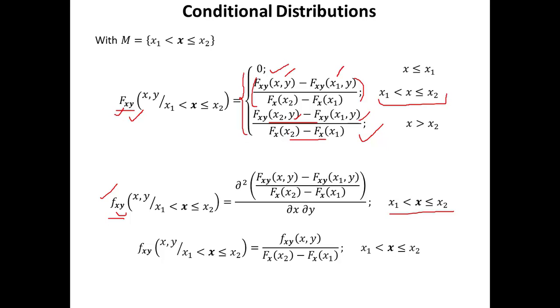It means after differentiation we will get only the differentiation corresponding to this component. So if you differentiate F_XY(x,y) with respect to del x and del y, we will get the numerator as the density function, small f_XY(x,y), and the denominator will be the same, F_X(x2) minus F_X(x1). So in this manner we can easily determine both the distribution function and density function for the conditional distribution.